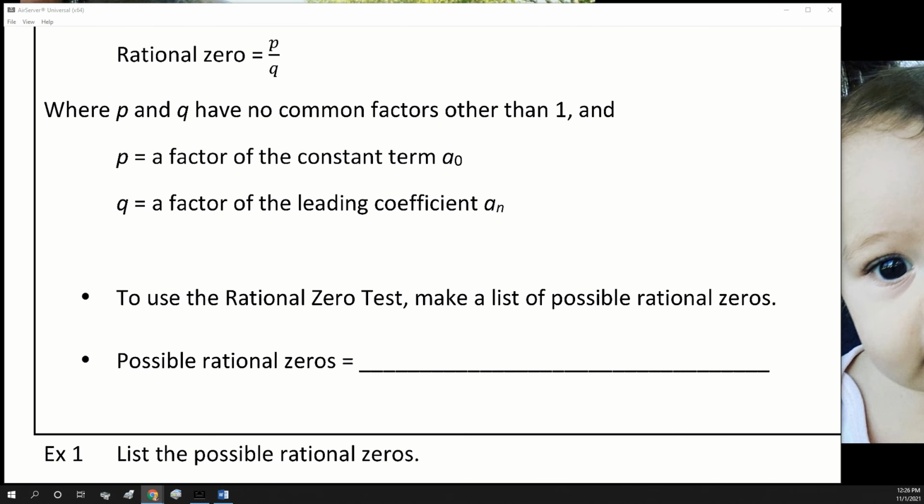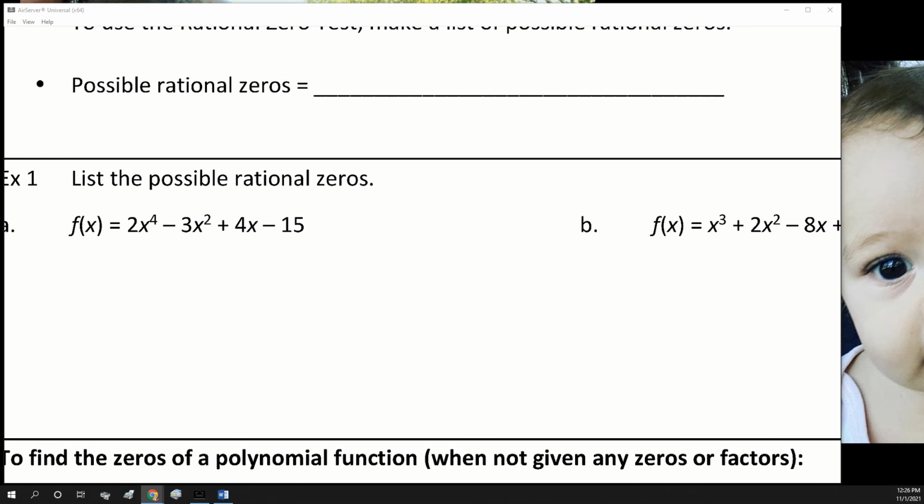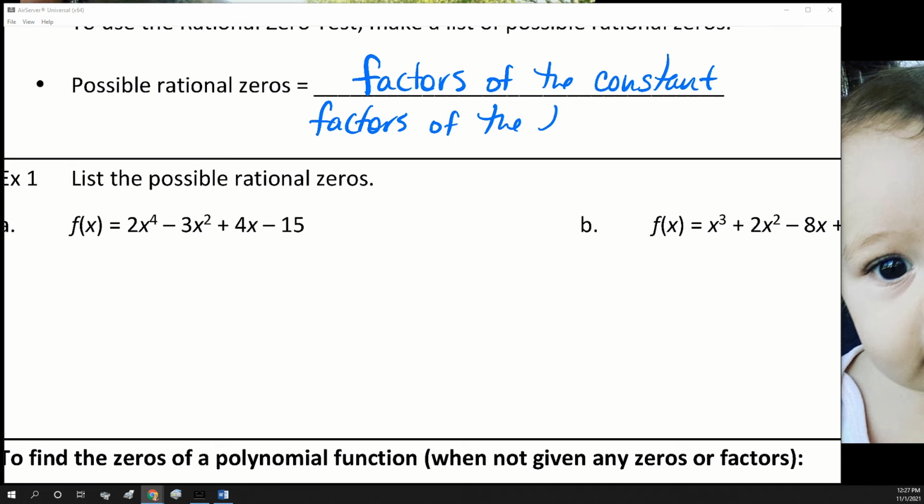And so to make a list of possible zeros, you're going to take the factors of the constant and divide it by the factors of the leading coefficient.